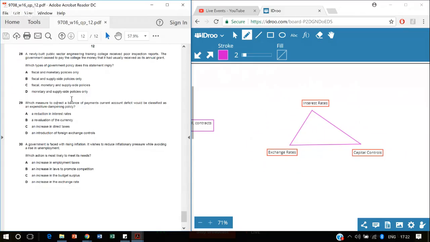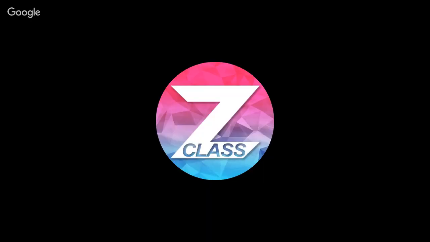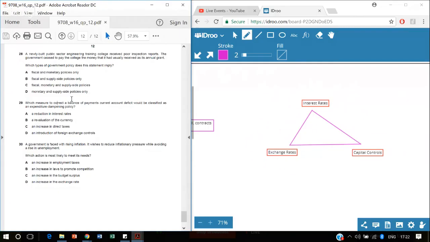What's wrong with D? Foreign exchange controls. Honestly speaking, I did not completely understand that, and C worked out perfectly, so I just went with C. Yeah, exactly. And C is the correct answer as well. An increase in direct taxes is going to mean that you have less income, so you're going to spend less on imports, right?